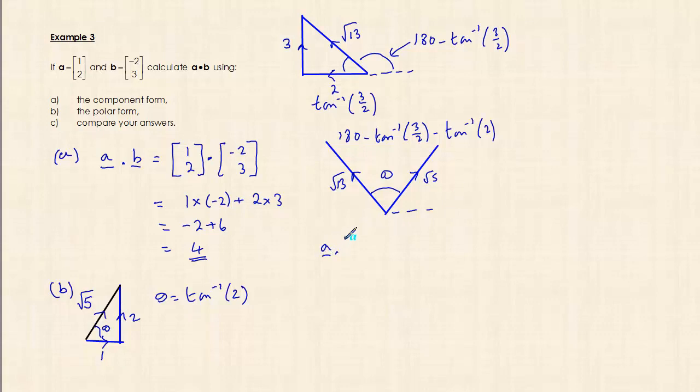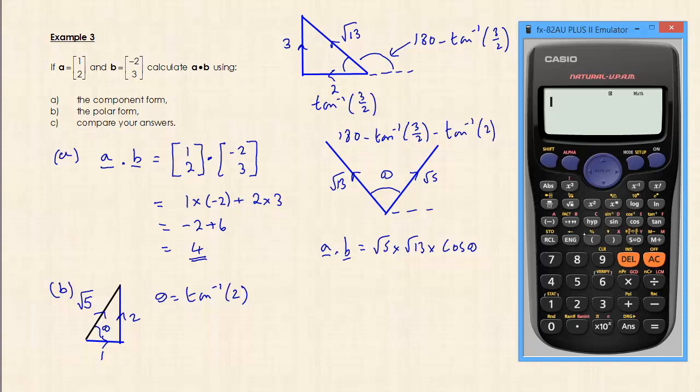So A dot B would be root 5 times root 13 times the cosine of this angle theta, which we know is this expression. And we just need to calculate.